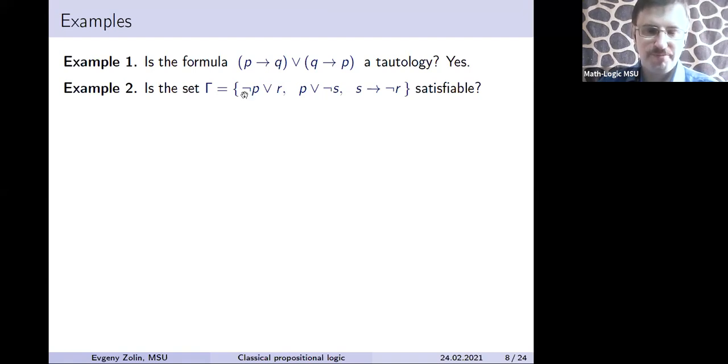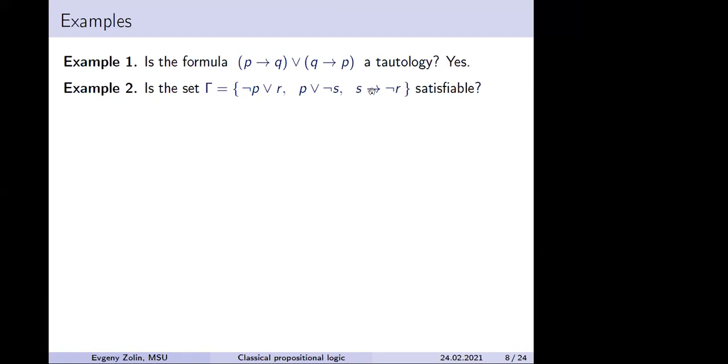So we have P implies R, S implies P, and also S implies not R. It seems like it's not satisfiable.